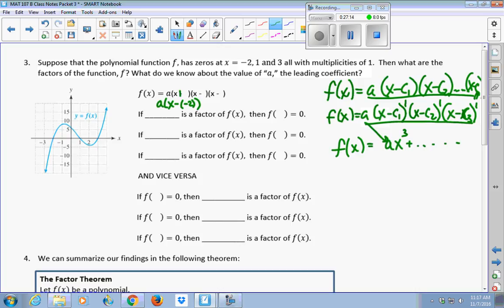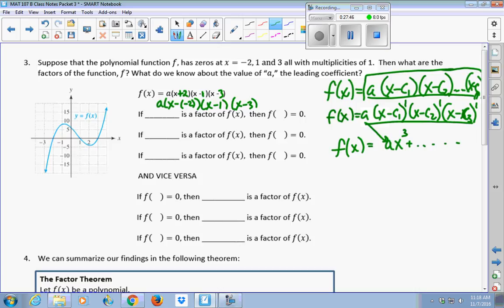So here's my first factor, x plus 2. My next 0 is 1. When I put it in, x minus 1, no need to simplify it. And x minus 3, no need to simplify it. So notice, this is the form of factoring with your zeros. It's always x take away whatever your 0 is. And if your 0 happens to be a negative number, then your subtraction sign changes to addition.